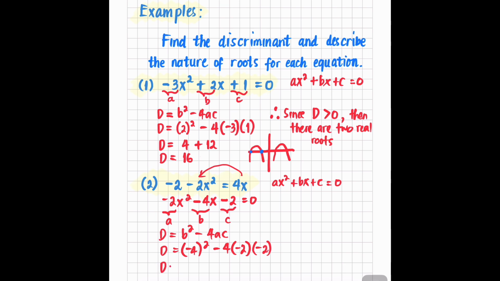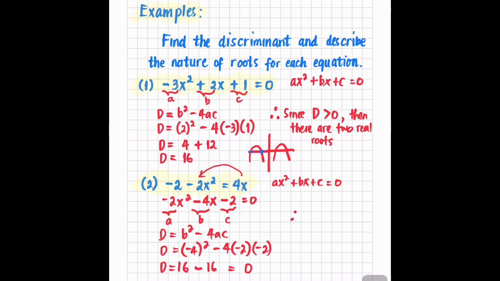Then we simplify. Negative 4 squared, negative 4 times negative 4 is positive 16. Then for this part, you have 3 negatives. So negative times negative times negative is negative. Then 4 times 2 times 2 is 16. And from here, you can see that the discriminant is actually equal to 0.